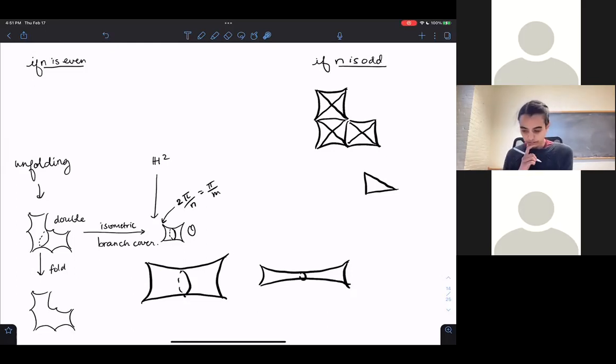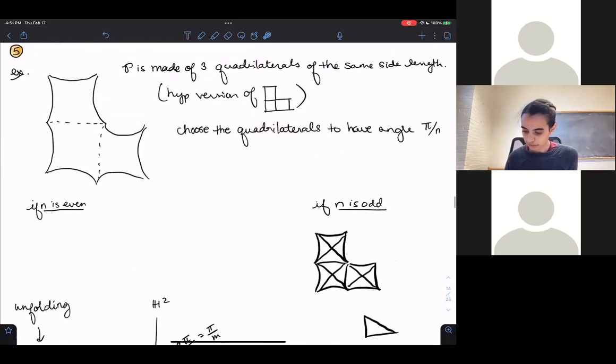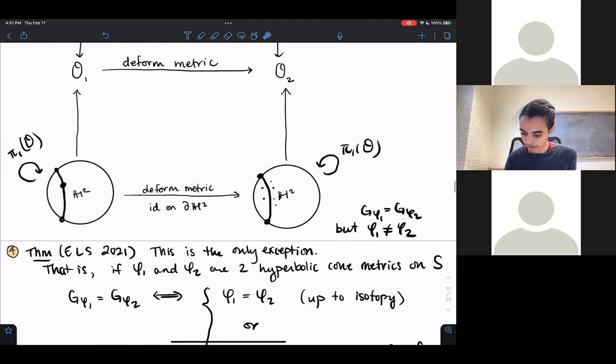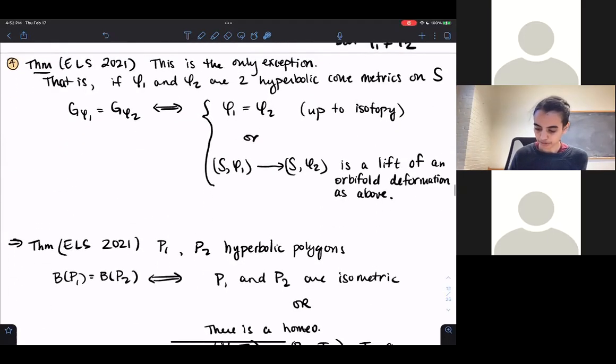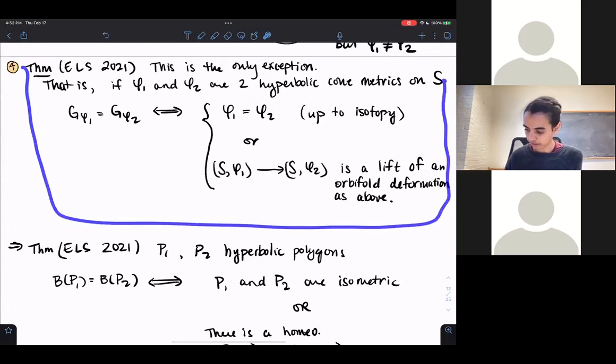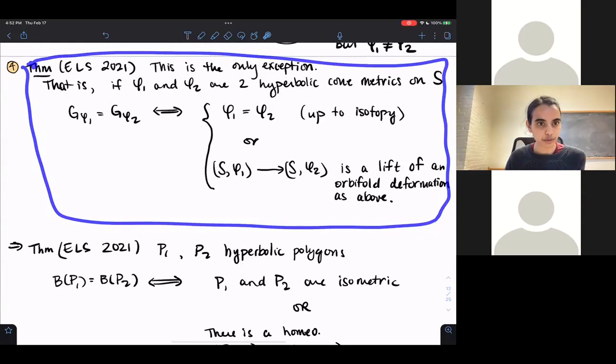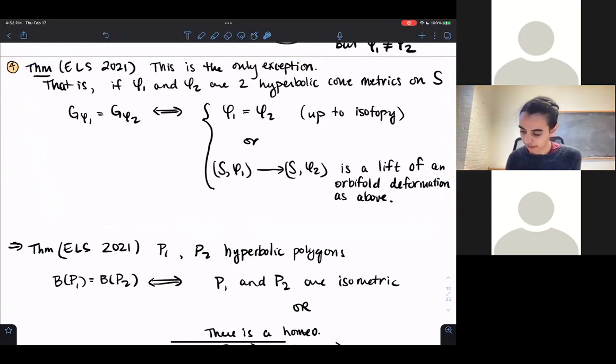All right, so let's sketch the proof of the first theorem. Where did I write the theorems? Oh, here we go. Let's sketch the proof of this one because it implies the other one. So let's suppose that we have a surface and two metrics on the surface, and we have g phi1 equals g phi2.